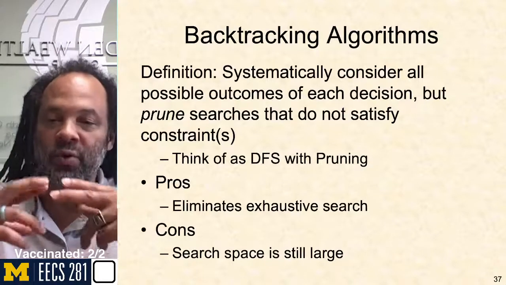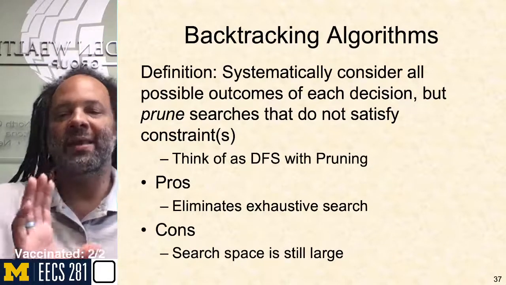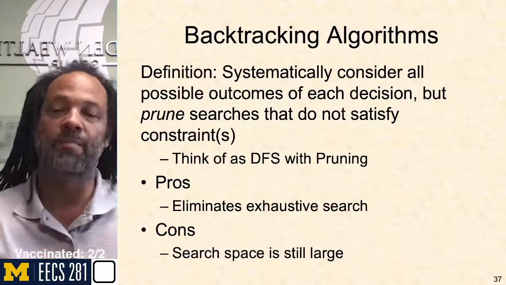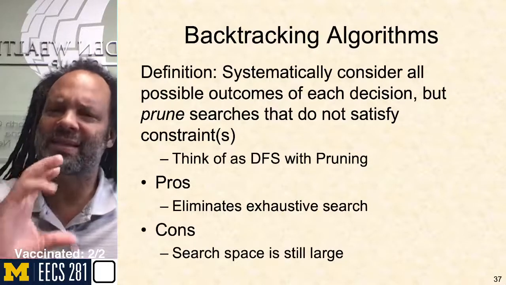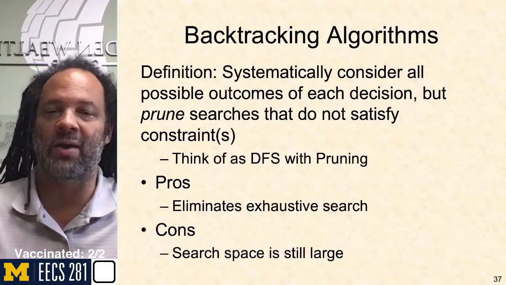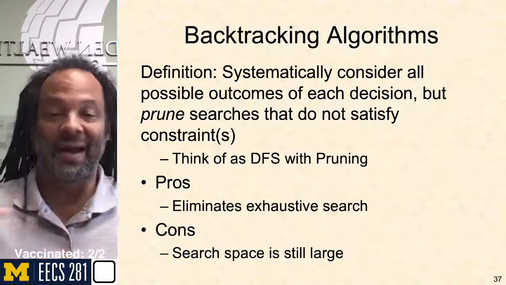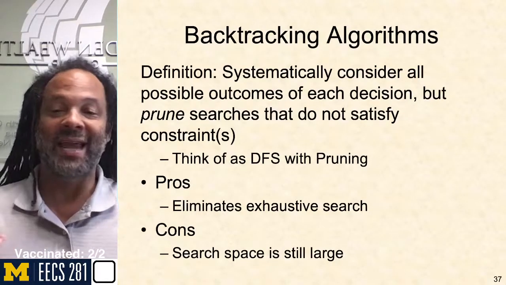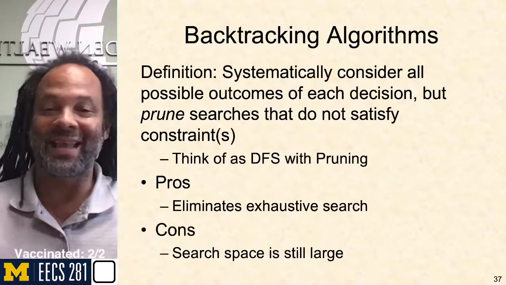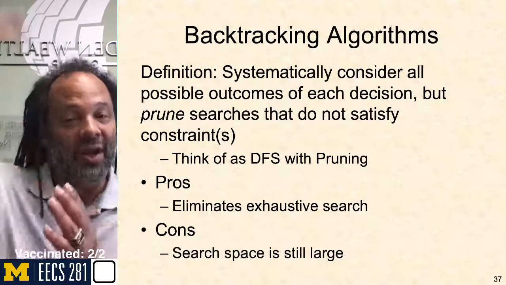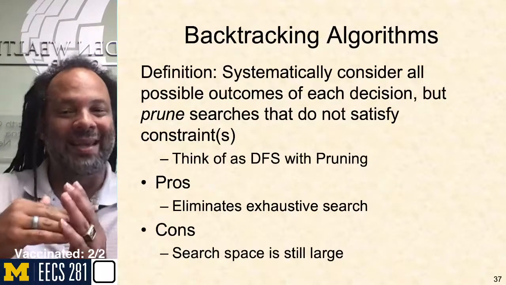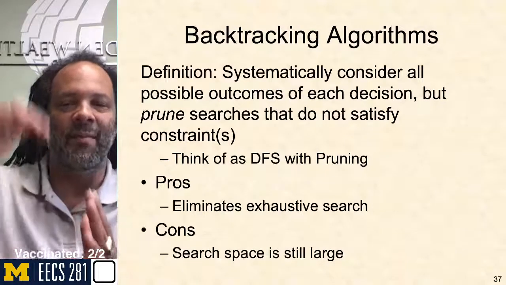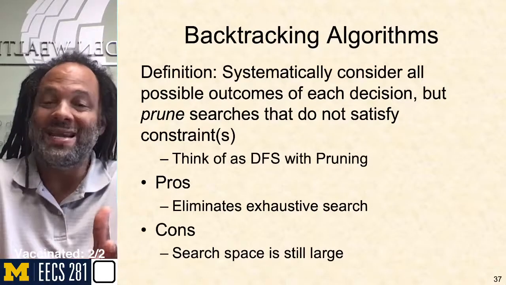So I can prune that, and I don't have to worry about making those 9 decisions after this one poor decision. So I am still systematically considering all possible outcomes, because every possible outcome after me dying in the first step is me being dead at the end. So I don't have to look at all of them.